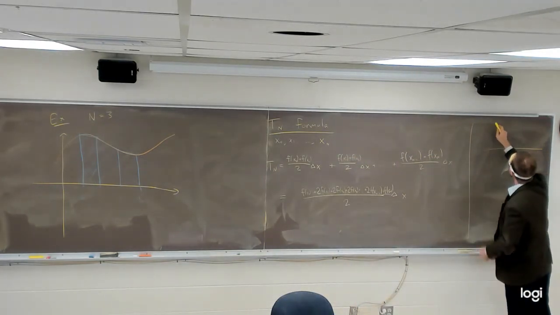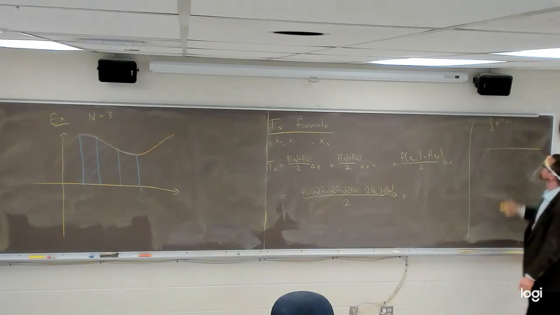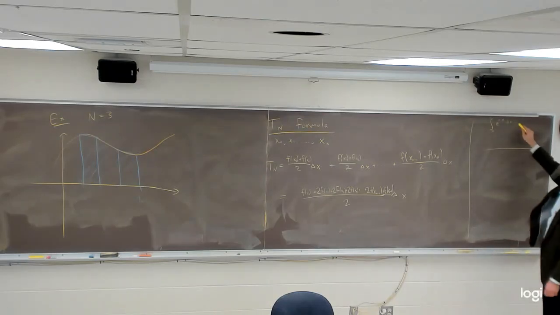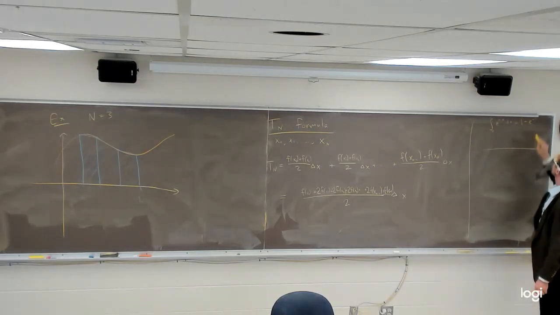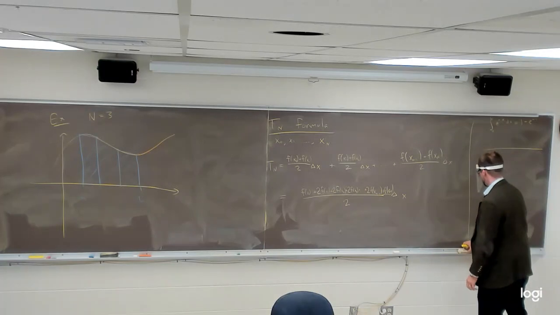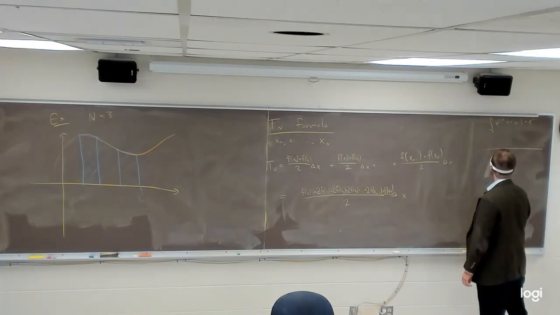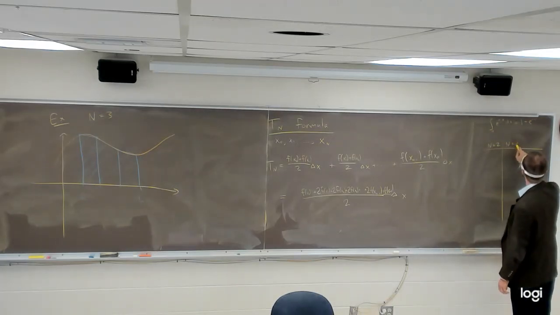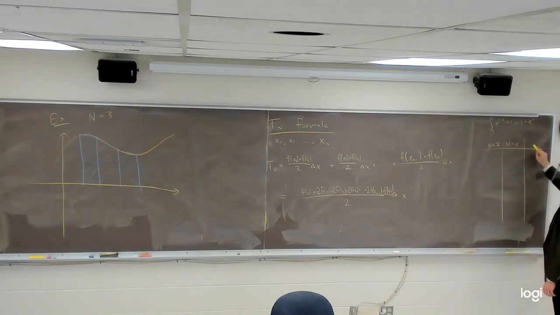All right, so let's look at the function integral 0 to 1 of e to the minus x. This is one that we can do exactly. 1 minus e to the minus 1. Pretty easy integral. And let's look at how different methods do for, say, n equals 2, n equals 6, and n equals 20.